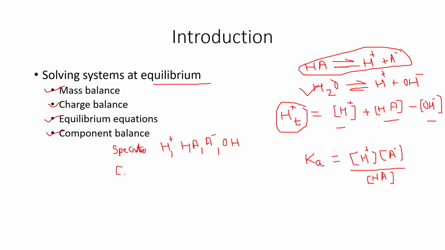Now we can find out the components. A component is the building block, the minimum number that can be used to make up all the species. So one is always H plus, the other is the most deprotonated form. Here these two will be enough to form each and every species. Then we form the tableau, or the formation equations before that, but we'll directly go with the tableau.